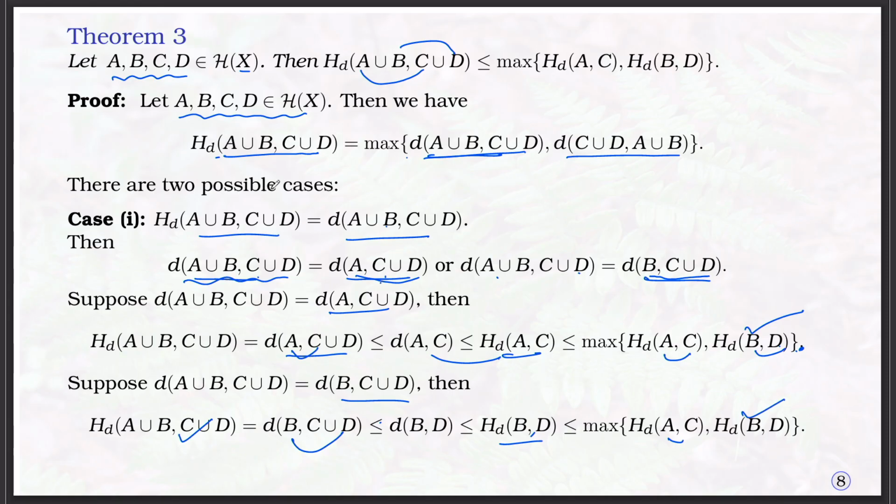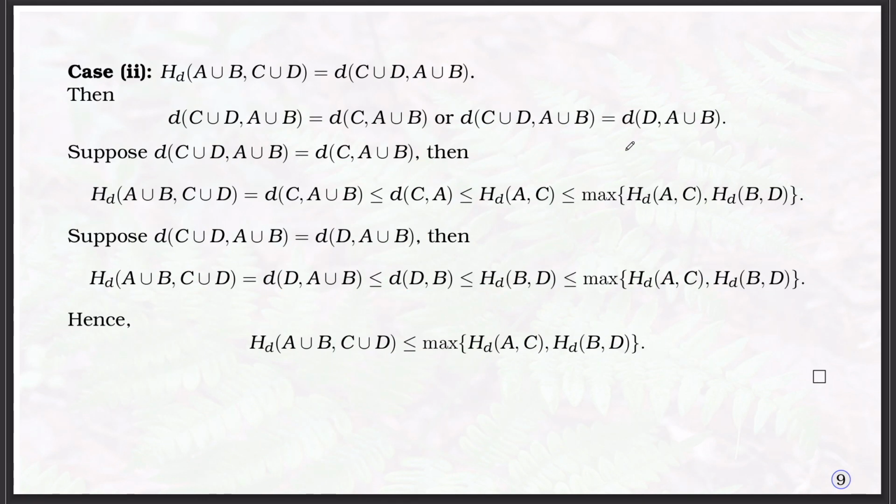Now, the next case. Suppose the Hausdorff distance between these two unions is equal to this number, with the same argument: A union B and C union D equal this number. Then this term can be written as the distance between the union of C and D and A and B, in these two forms. Suppose the distance between C union D and A union B can be written as either this one or this term.